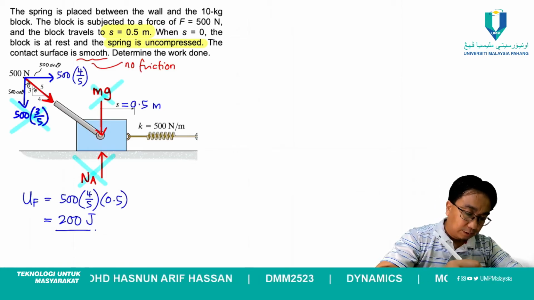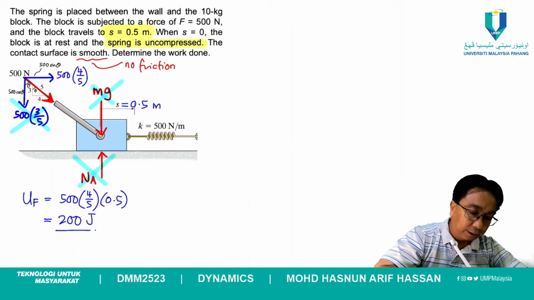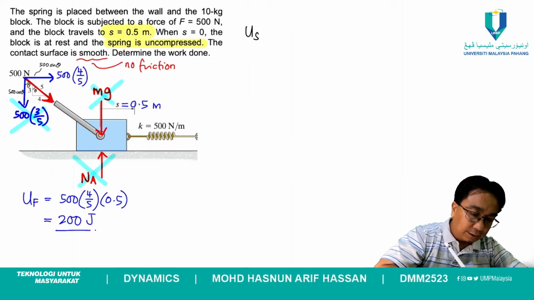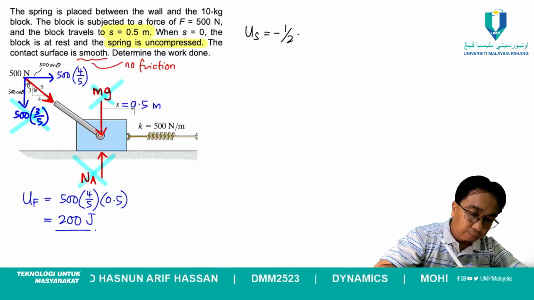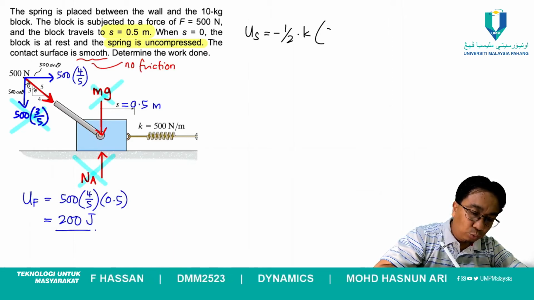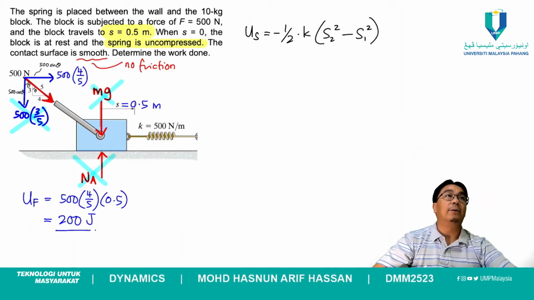Okay. So if we recall the formula, work done by the spring, US is minus 1 over 2 times K times S2 square minus S1 square. Okay.